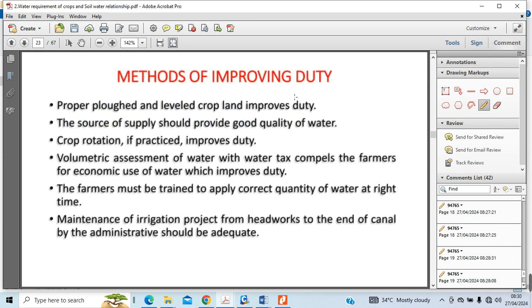Methods of improving duty: proper plowing and leveling of the land improves the duty. The source of supply should provide good quality water. Crop rotation, if practiced, improves duty.